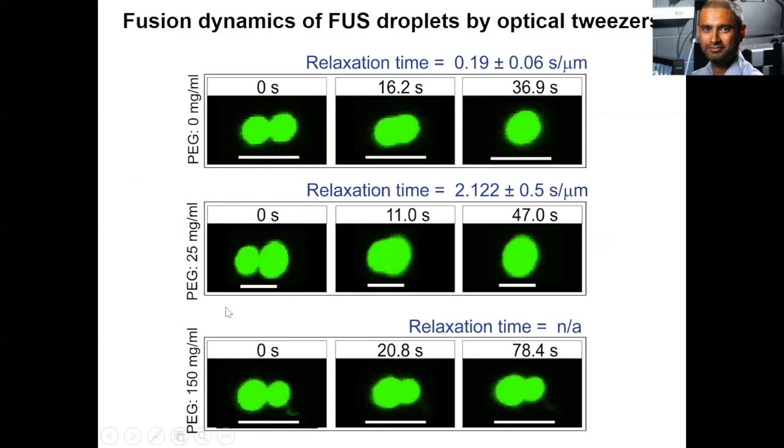And if you increase the PEG concentration to what's relevant in terms of cellular crowding, the droplets undergo hardening. The video I already showed you when I introduced the technique, and they do not undergo fusion at all. You keep trying to fuse them and they just stick and don't fuse, suggesting that macromolecular crowding is not only changing their condensation behavior, but also physical properties.